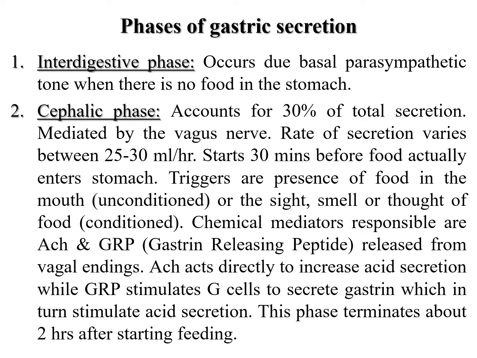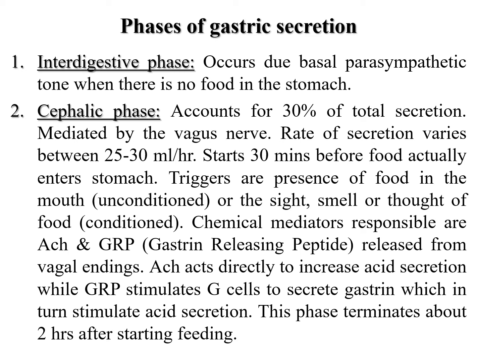As I have already said, the presence of food in the mouth is the most important trigger for the cephalic phase. However, sight of food, smell of food, or even thought of food can sometimes trigger the cephalic phase. The chemical mediators responsible for the cephalic phase are acetylcholine and gastrin releasing peptide, both of which are released from the vagal endings.